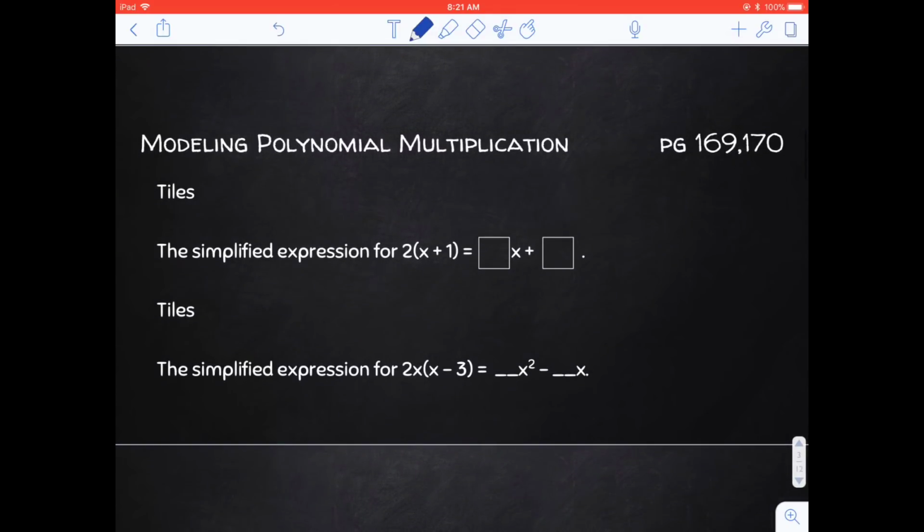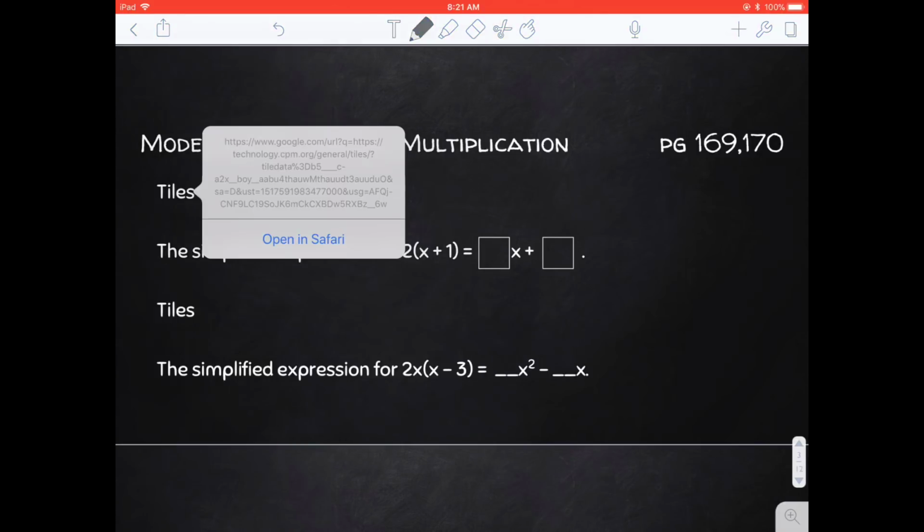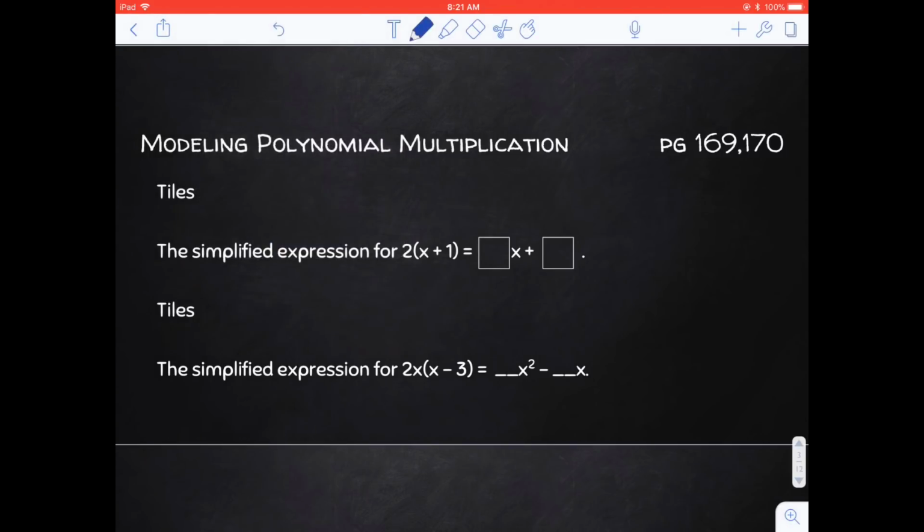Alright, so initially we're going to model polynomial multiplication. So going back to using tiles here. And so we're going to start with simplifying the expression of 2 times x plus 1. So let's take a look at the tiles.